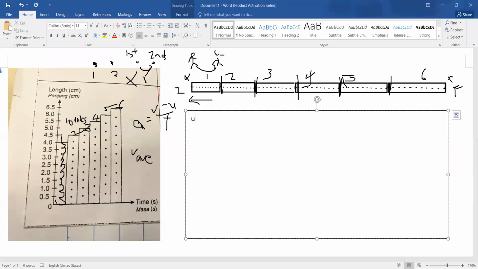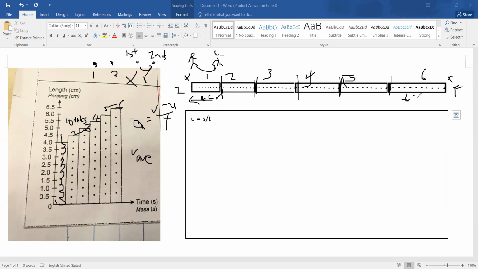U equals distance over time. So for this tape, what is the length? It is 4 cm. So we know this is 4 cm, followed by 4.5, 5.0, 5.5, 6.0, 6.5.